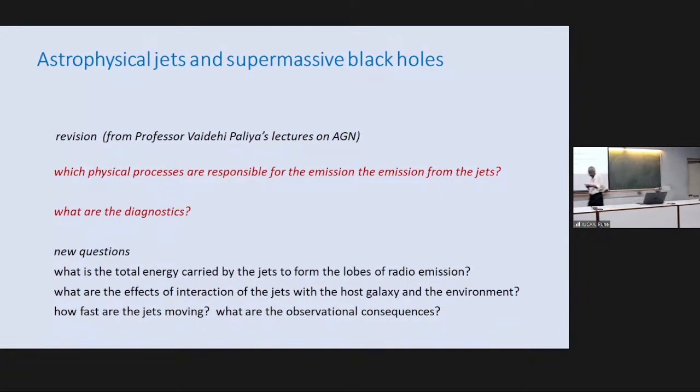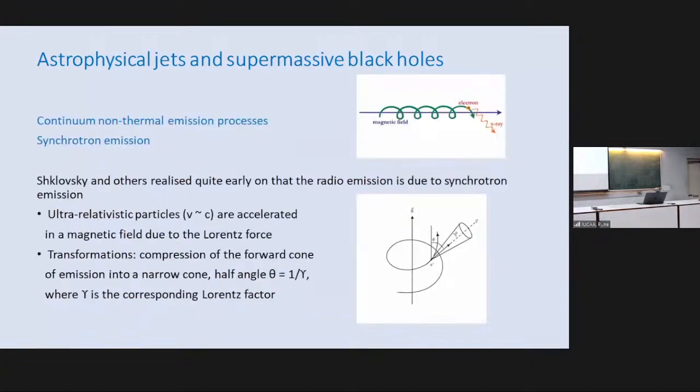So we'll quickly revise what you already know. I will go rapidly, but at least the spectra, I will try to explain. This is something which you already know, that it is a relativistic electron moving in a magnetic field. So depending upon the energy of the electron and the strength of the magnetic field, relativistic electrons can give rise to synchrotron emission right from radio frequencies at the low end to X-rays and gamma rays at the high end.